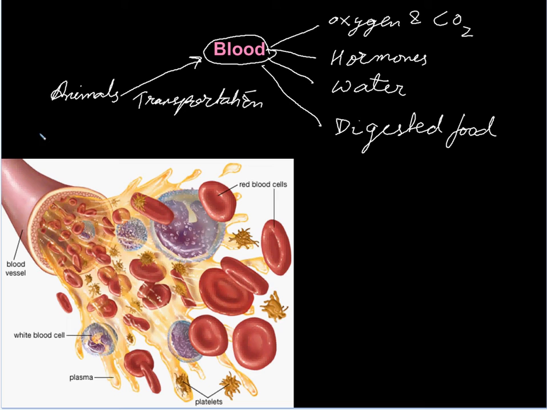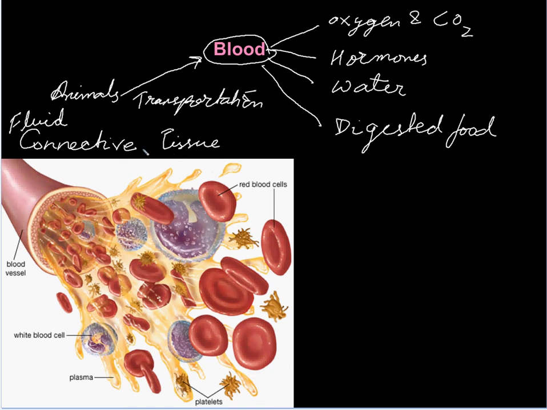So the answer is, blood is a connective tissue, or I can say blood is a fluid connective tissue. Fluid means liquid, connective means connecting throughout the body, and tissue, as it is made up of a group of cells which work together for a similar function.